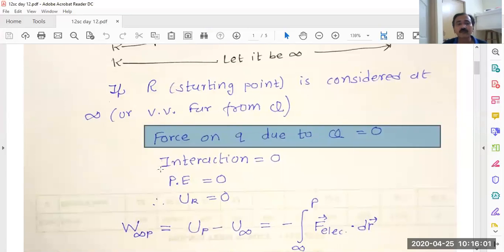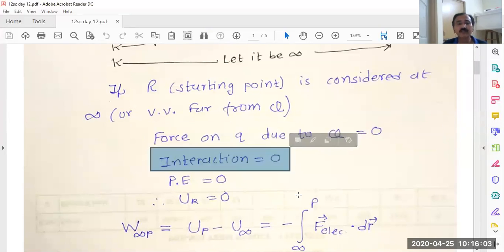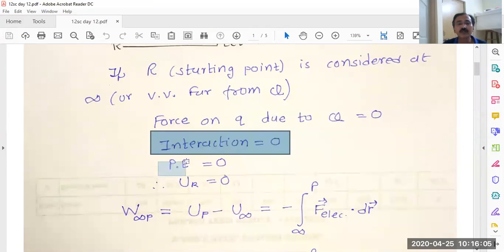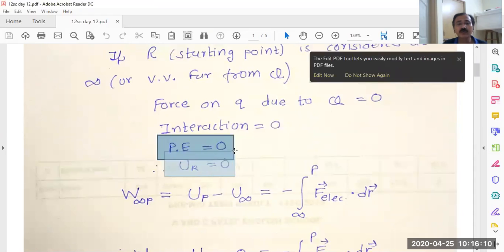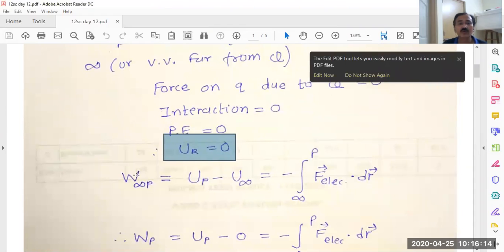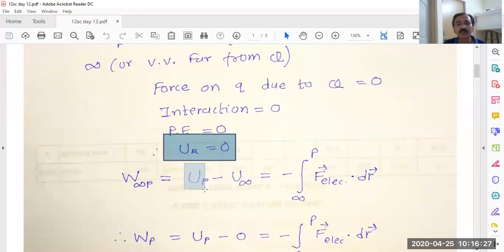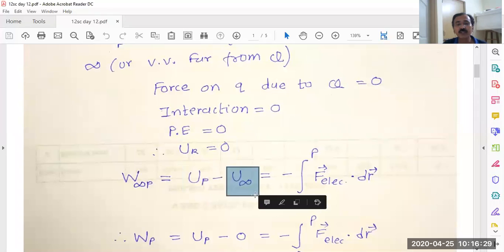In the language of physics, we'll say interaction is zero. There is no interaction, so potential energy is zero, and that means U infinity is equal to zero. So now W, instead of R to P, we write infinity to P. Work done to bring Q from infinity to P equals potential energy at P minus potential energy at R, but R is at infinity.